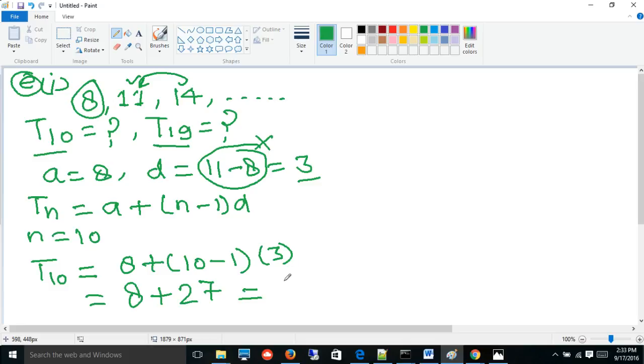Okay, so you will get the value of T10 as 35. So this is all about T10. So you got T10. T10 is 35.